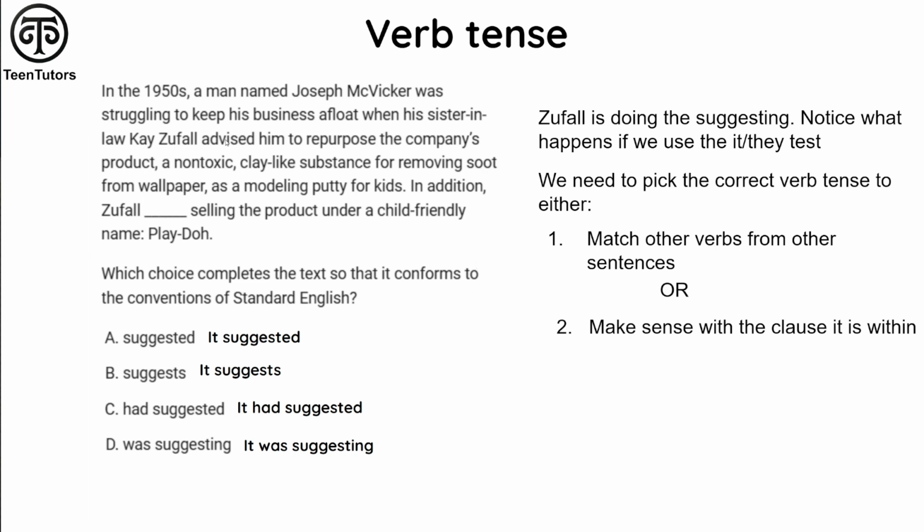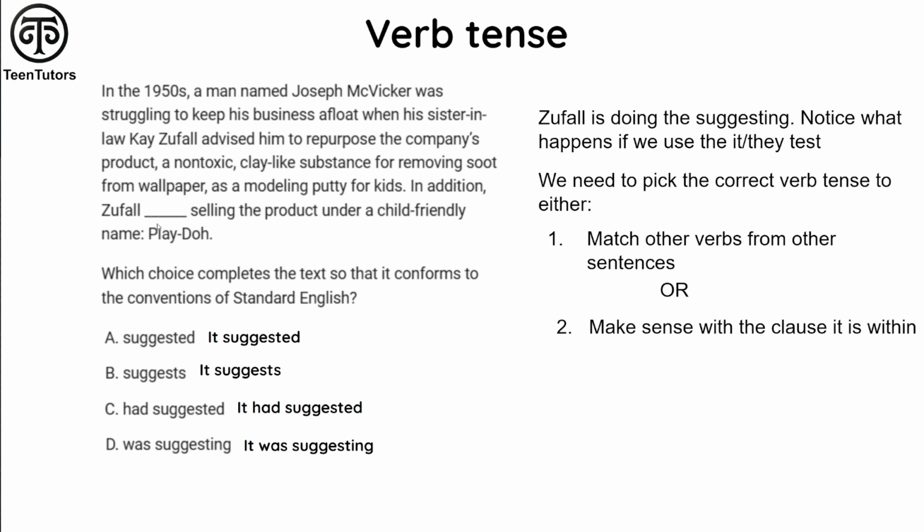So first, let's look at the first thing. So it looks here like we have, okay, in the 1950s, a man named Joseph McVicker was struggling to keep his business afloat when his sister-in-law, Kay Zufall, advised him to repurpose the community's product, a non-toxic clay-like substance, for removing soot from wallpaper as a modeling putty for kids.